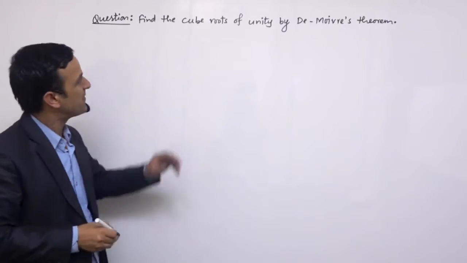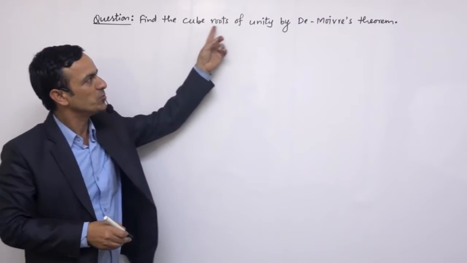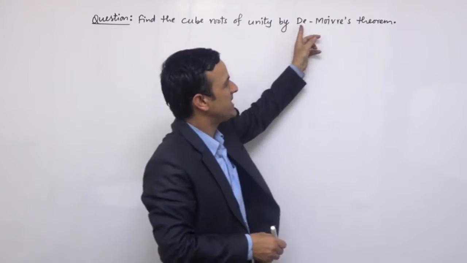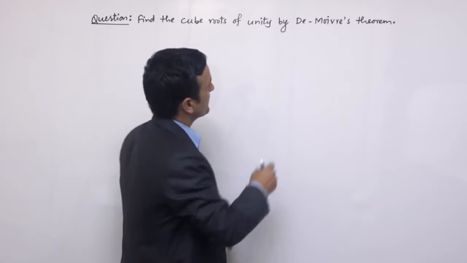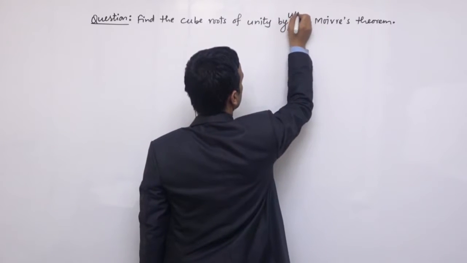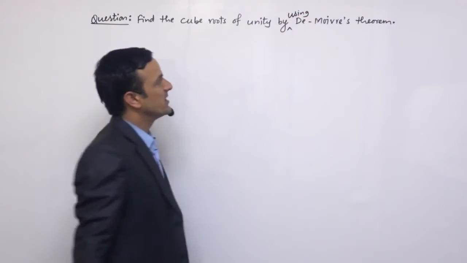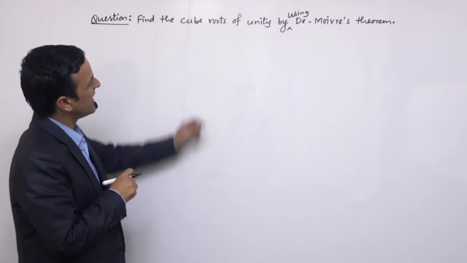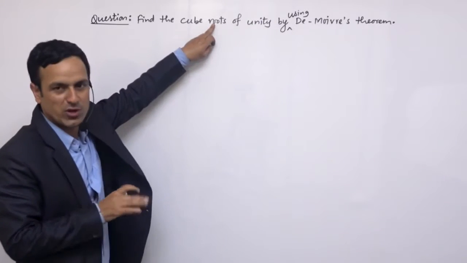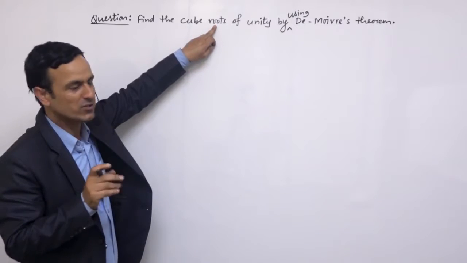So we have another question. Find the cube roots of unity by De Moivre's theorem. By means by using De Moivre's theorem. So De Moivre's theorem को use गरेर हामीले 1 को क्यूब रुटहरु निकाल्नु पर्ने छ, क्वेशन को डिमान्ड त्यो हो.